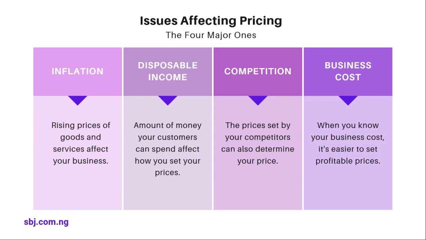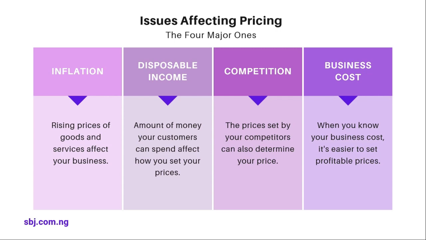And the most important one on this list is business costs. Your business costs affect your pricing in a lot of ways. And when you know your business costs, it's easier for you to set profitable prices in your business. How? If the cost of running your business is high, you're spending so much on rent, on fuel, on electricity, on delivery, on transportation, then your prices will be affected.